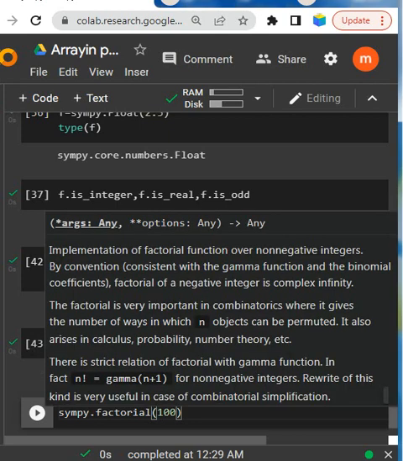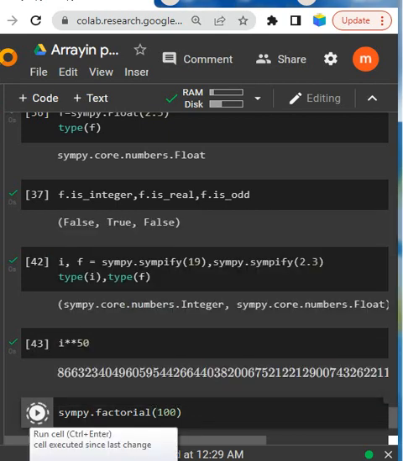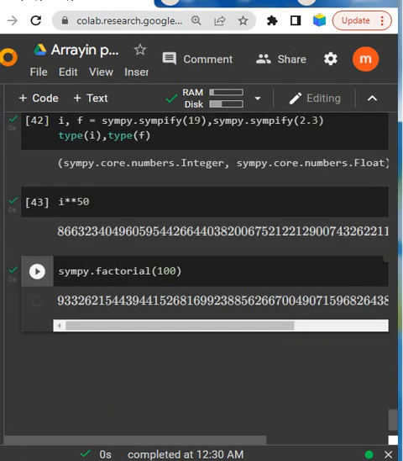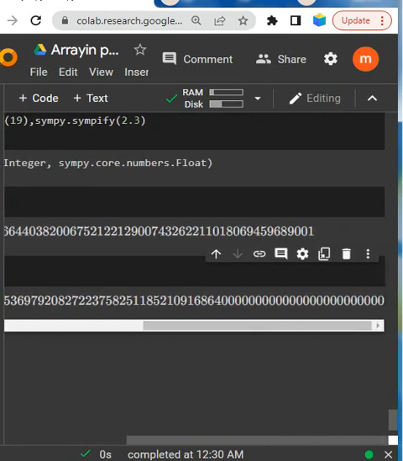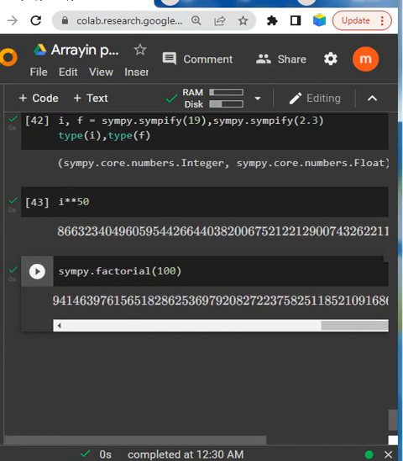Is it possible to compute here? So let's try sympy.factorial, and it has been computed in a few seconds. Look here. So you can get all these numbers. These are very beautiful to understand, as most science students would agree.